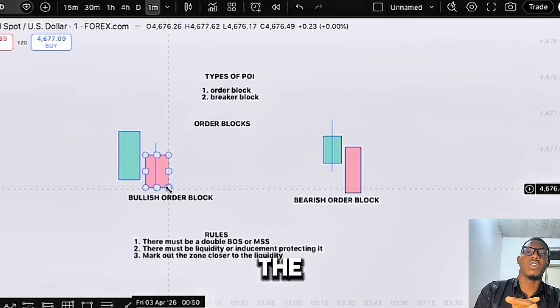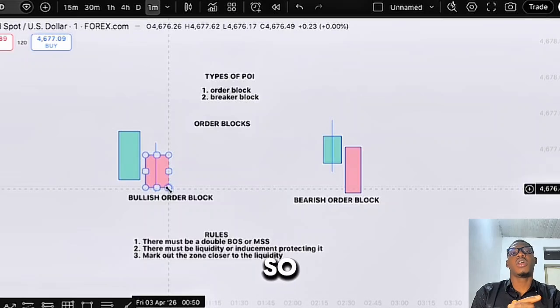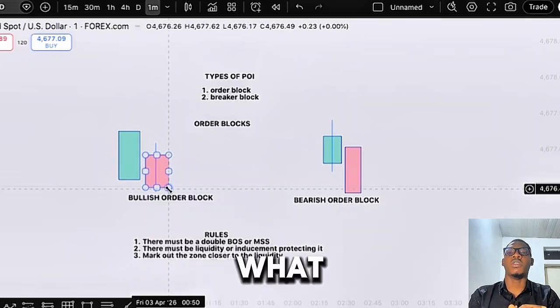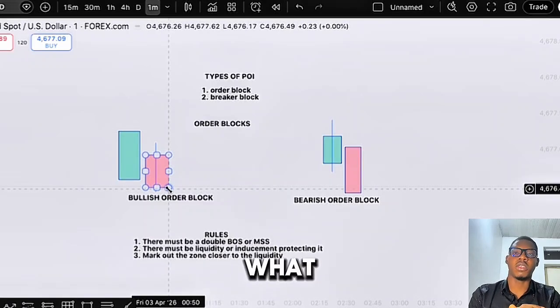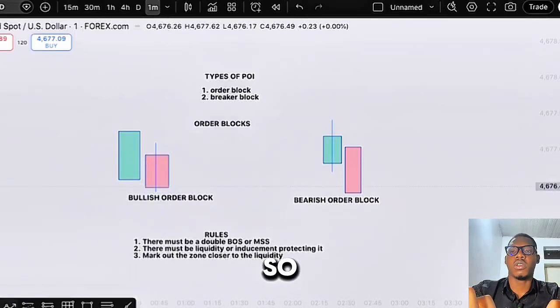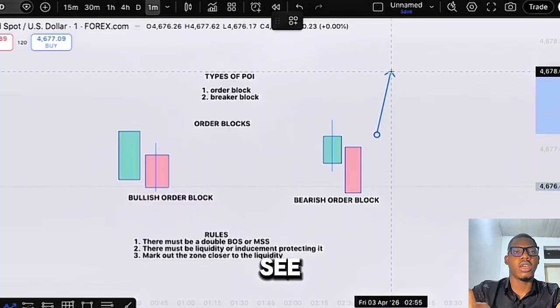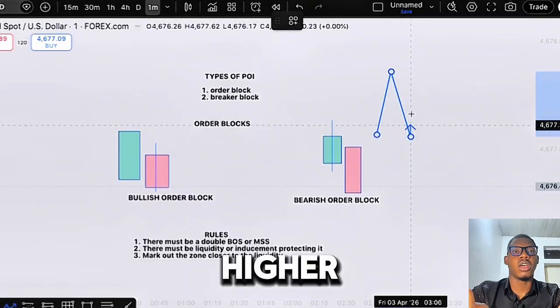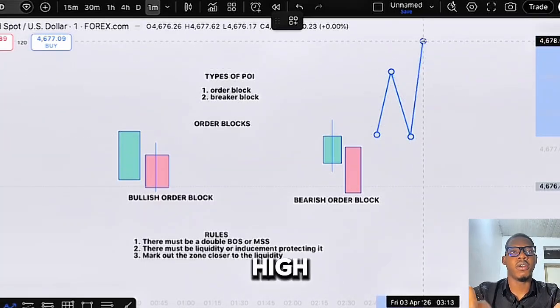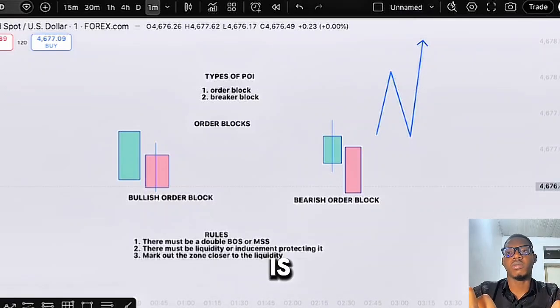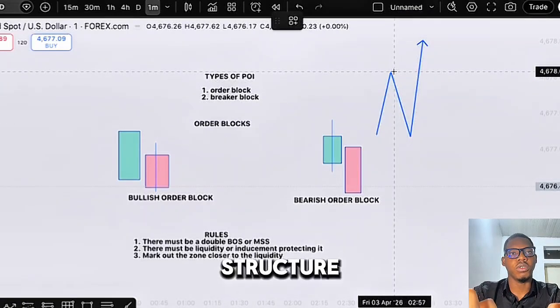So what is the order block? The order block is the first candle that caused the break of structure. Let's say we're in an uptrend. You can see higher high, higher low, a new higher high right here, and this is the break of structure.